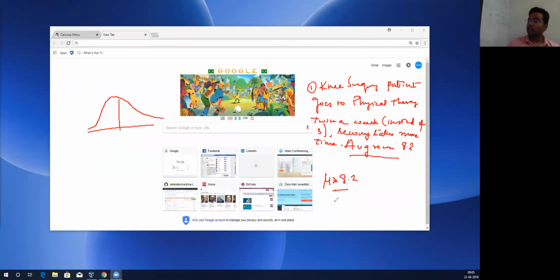But if his assumption is false, what does it mean? It means that without physical therapy, and with 2 times physical therapy also, he would need less time. What he's trying to say here is that when you do 2 times physical therapy, your chances improve. What you're trying to prove is the other way around: that without it also, it is the same.